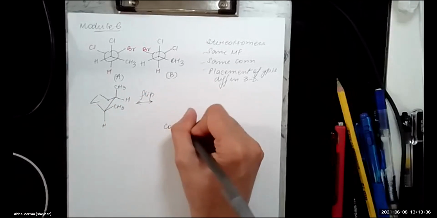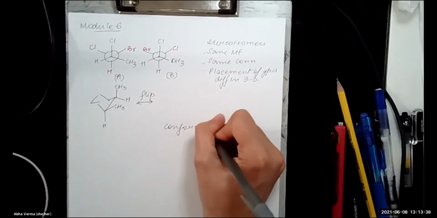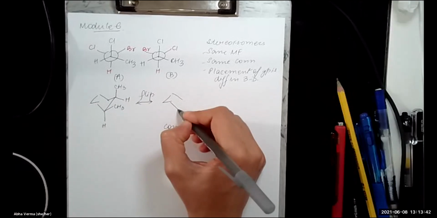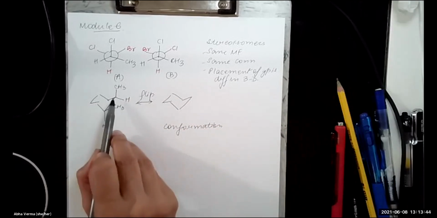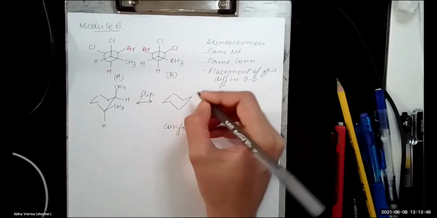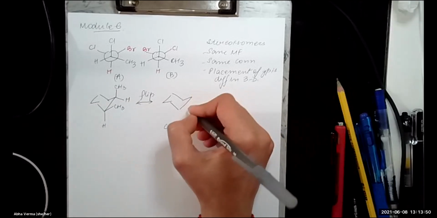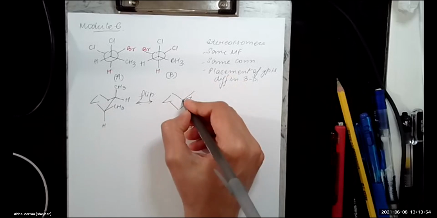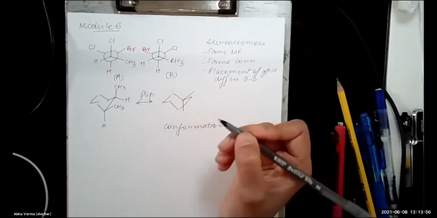I'm making a conformation of my cyclic ring. So this axial will become equatorial and this hydrogen, this equatorial, will become axial.